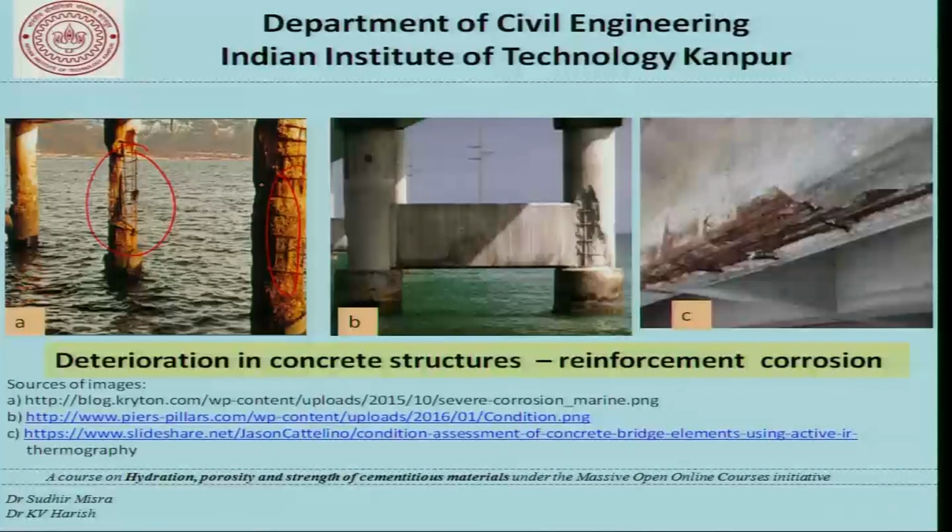These are all examples of reinforcement corrosion. Here also we can see the spalling from the columns, and here we see spalling of the concrete from the bottom of the beams.